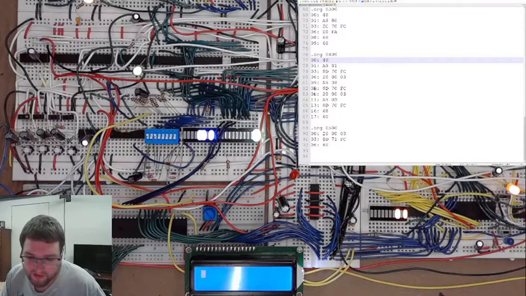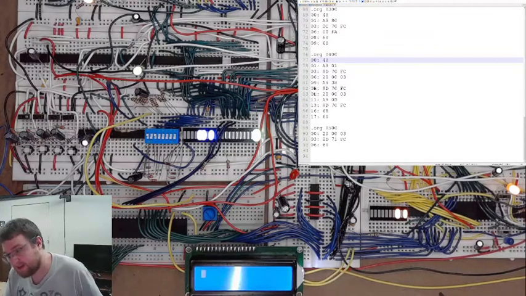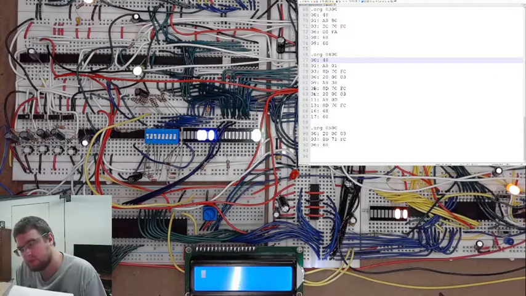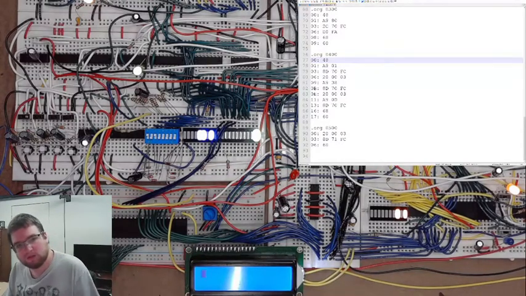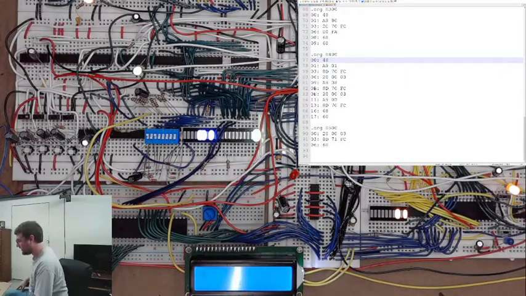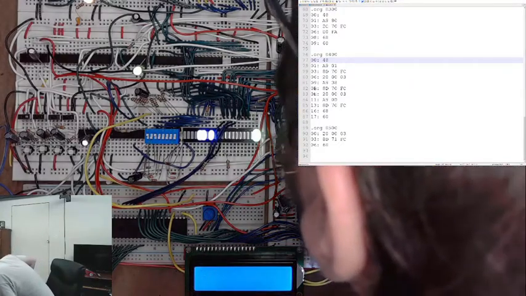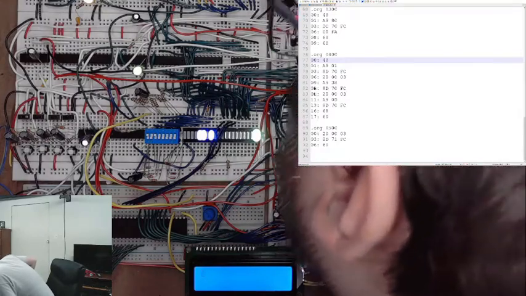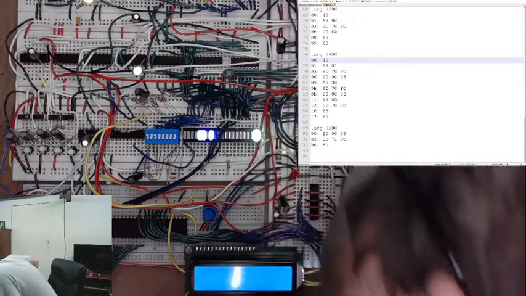For some reason that flip-flop is triggering. I need to know why. Let me go look up the data sheet. The data sheet for A7412.